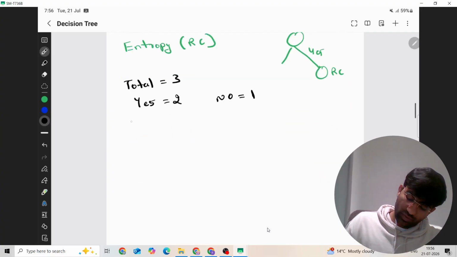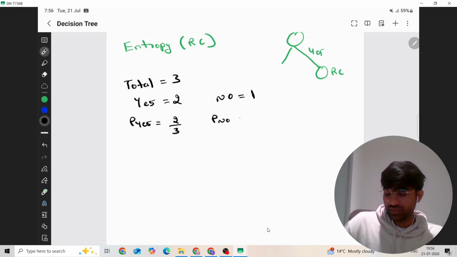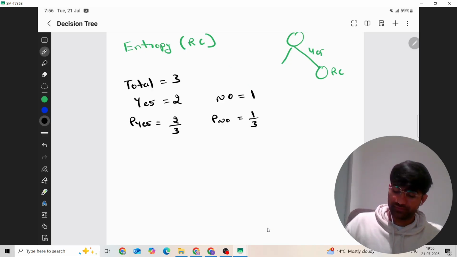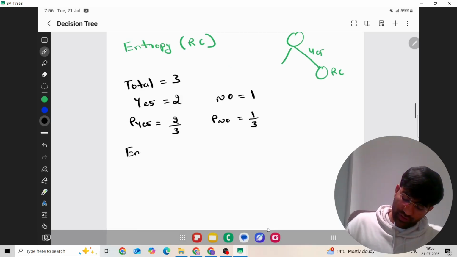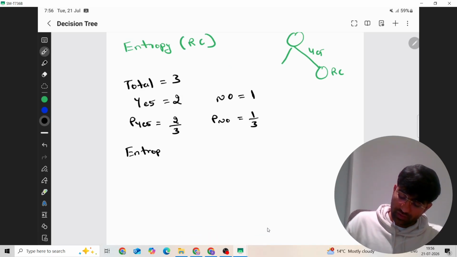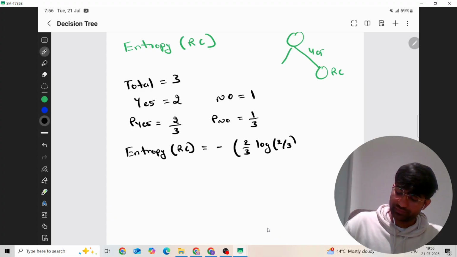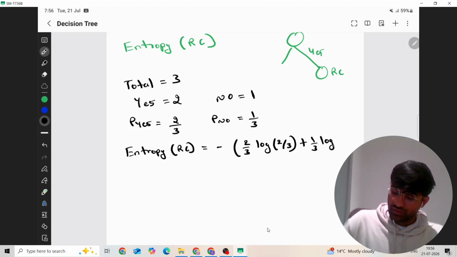So the probability of yes will be 2 by 3, and the probability of no will be 1 by 3. Then the entropy of the right child will be minus of 2 by 3 log of 2 by 3 plus 1 by 3 log to the base 2 of 1 by 3.